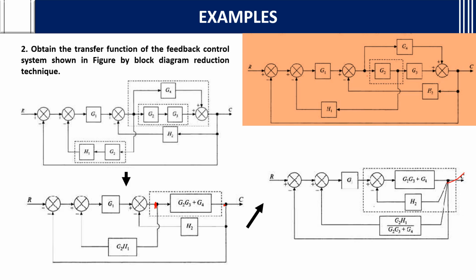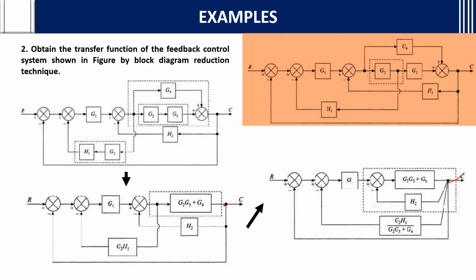If you shift the takeoff point to the right, what should you do? If you are shifting the takeoff point to the right of this block, this whole term needs to be divided. So I have divided. If it is to the right, we should divide. After dividing, if you see the whole diagram, you can take the transfer function, then in turn multiply.